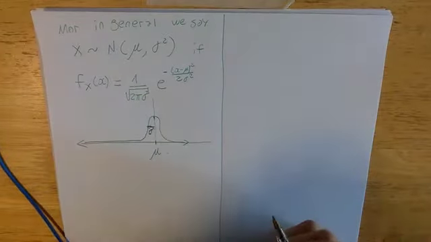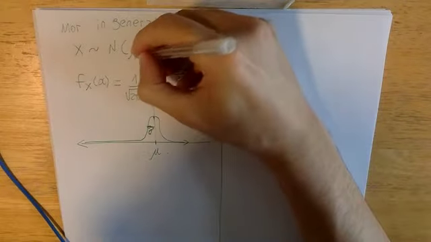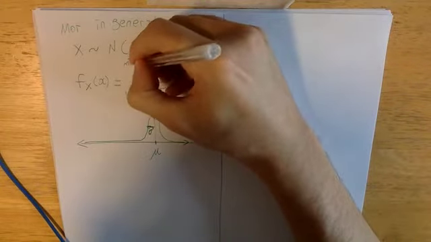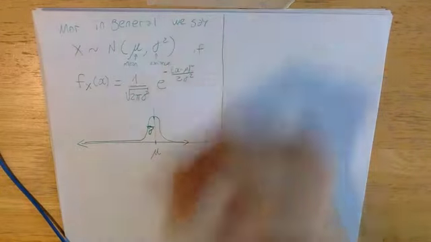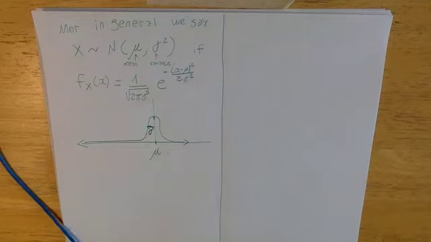So the point is, these are two parameters, and this is what is called the mean, and this is what is called the variance. So why is this called the mean and the variance?